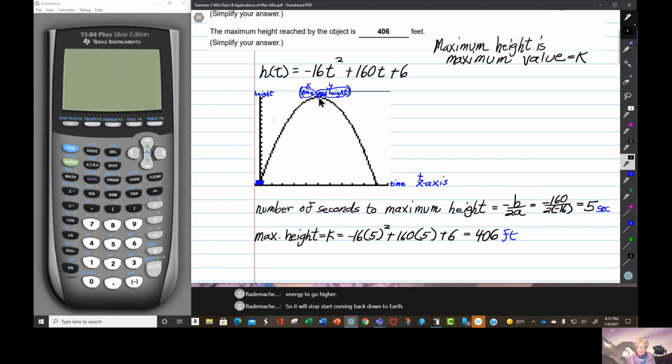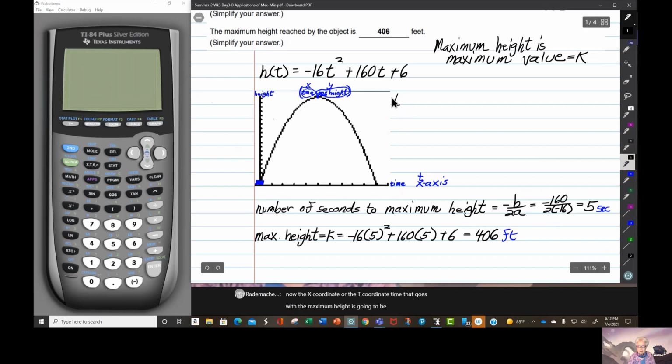The vertex then, for its x coordinate, is going to have time, and for its y coordinate is going to have the maximum height.